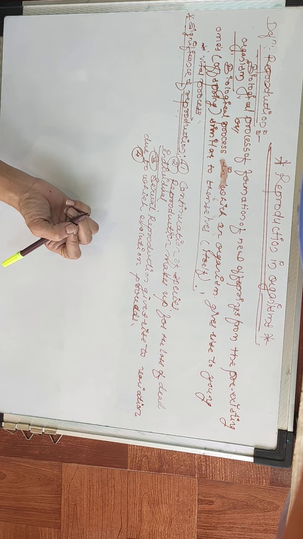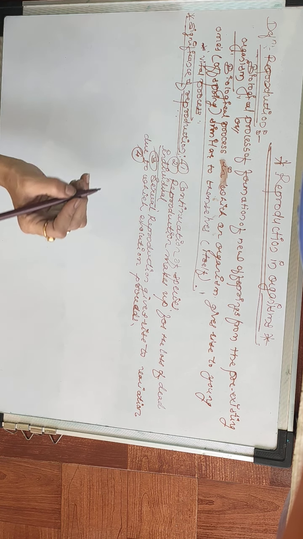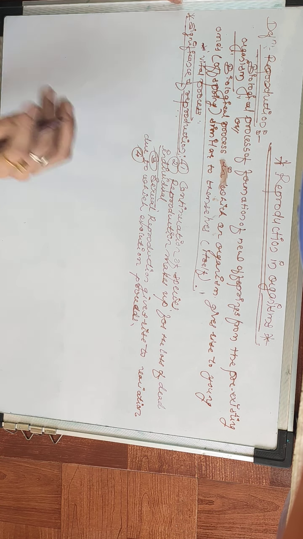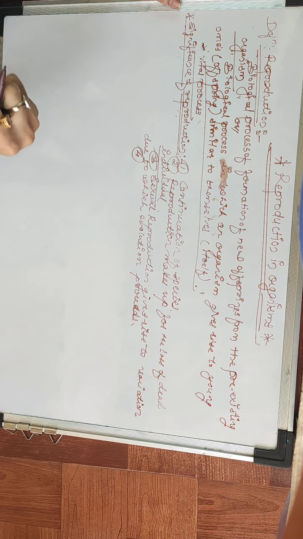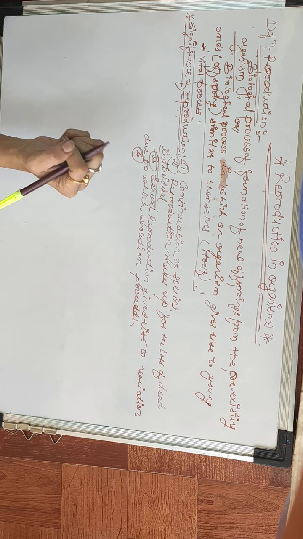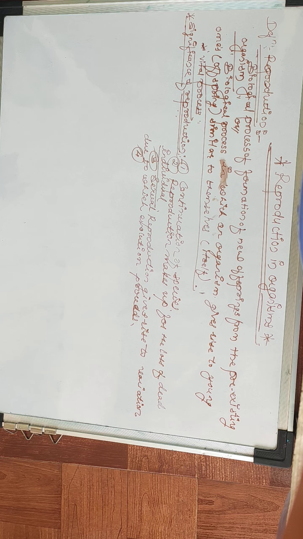Then the fourth important significance of reproduction is this: living organisms are able to create offsprings, right? Whatever living organisms are present are able to create new offsprings with characters like their own. It means a human being gives birth to a human being. It does not give birth to puppies or kittens. Understood?